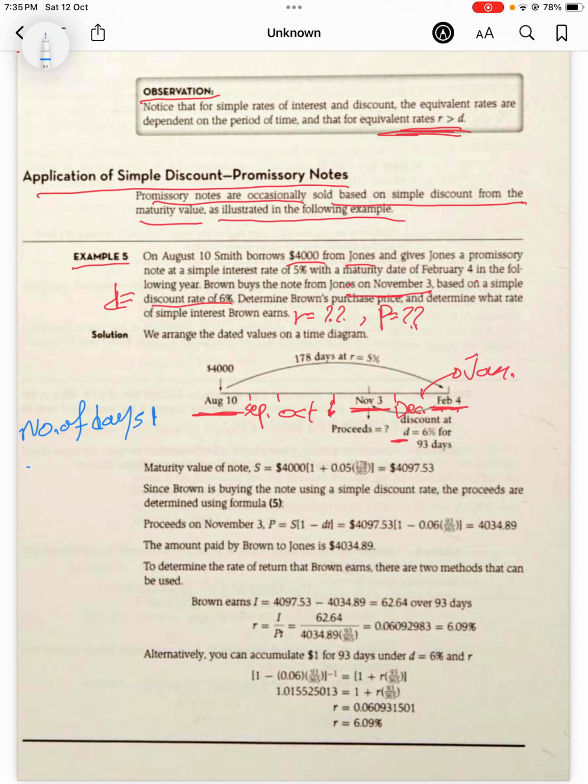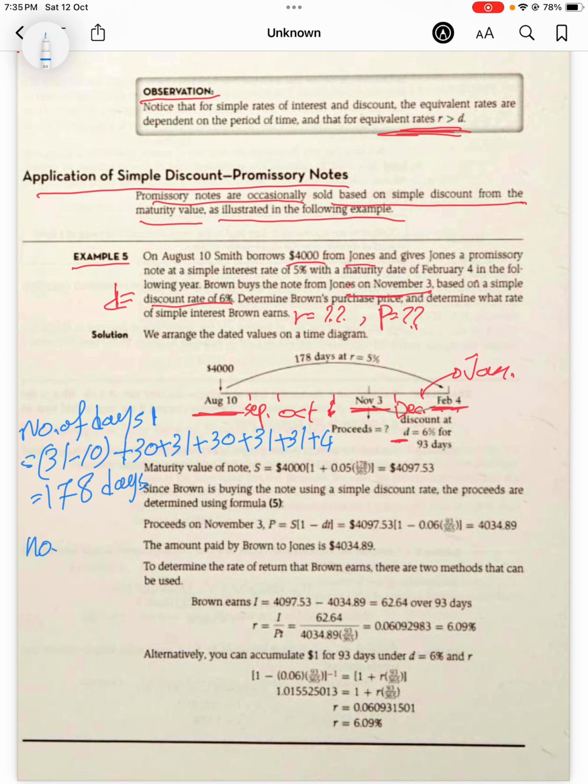You notice here the number of days: t1 equals 31 minus 10 plus 30 plus 31 plus 30 plus 31 plus 31 plus 4. You will have how much? 178 days.